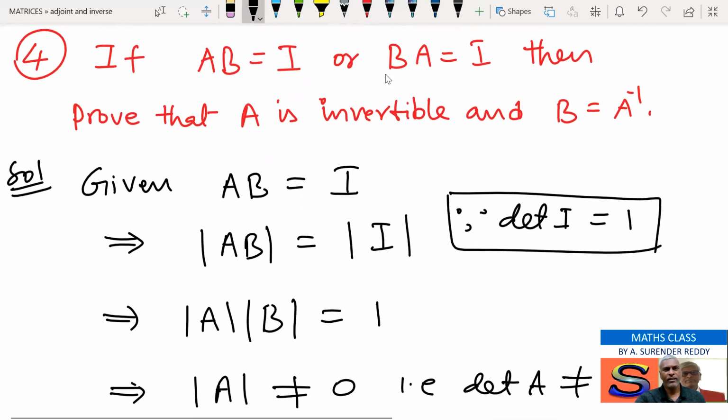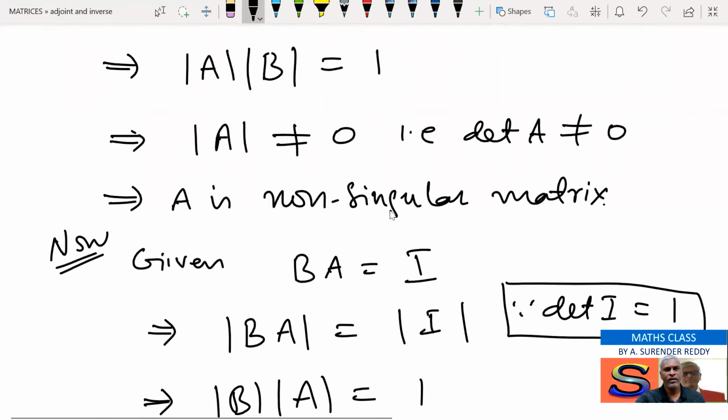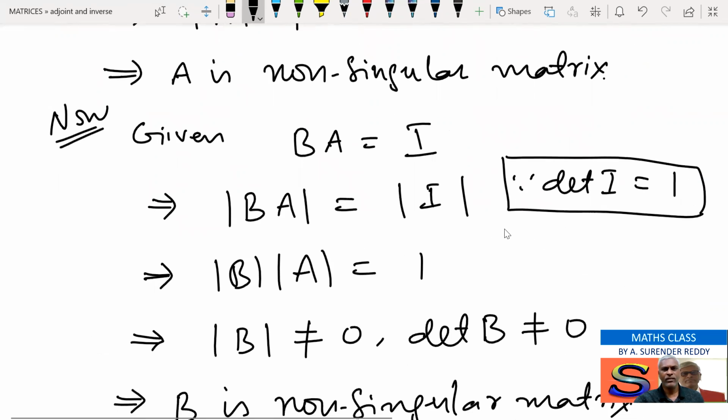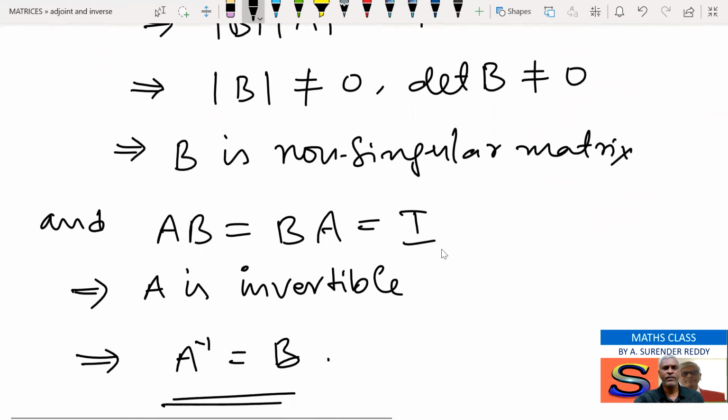So very simple, making use of the definition, we can prove it. AB is I, BA is I. Making use of this, we have proved that both A and B are non-singular. What is non-singular? If the determinant is not equal to 0, then it is non-singular. So both A and B are non-singular, and AB is equal to BA is equal to I. So A is invertible.